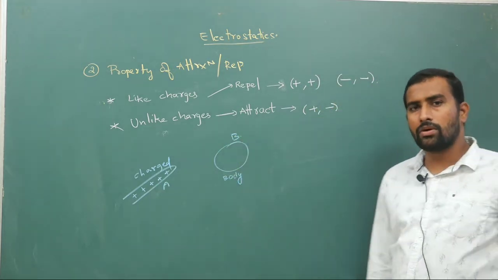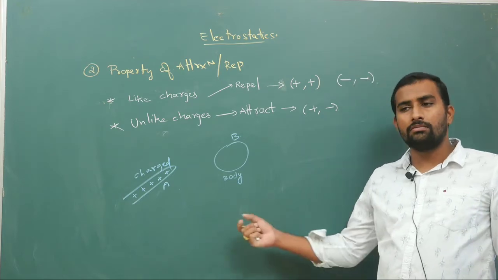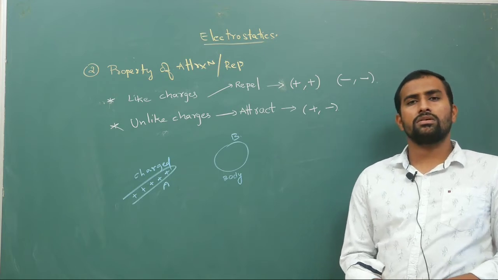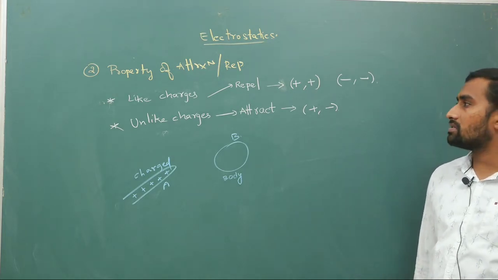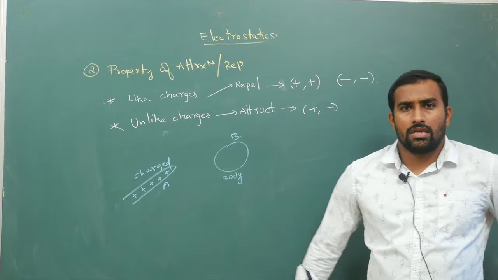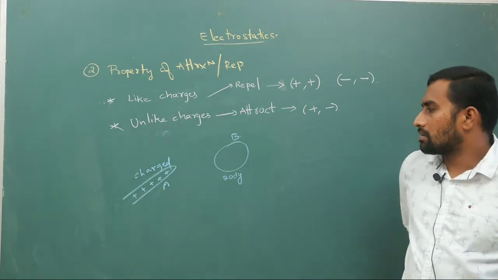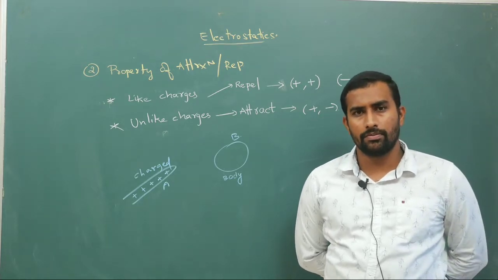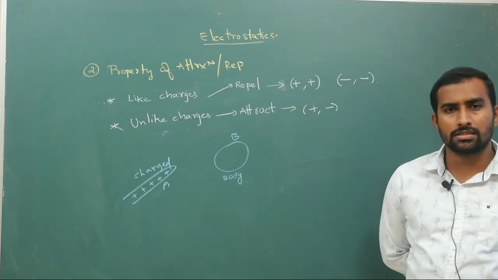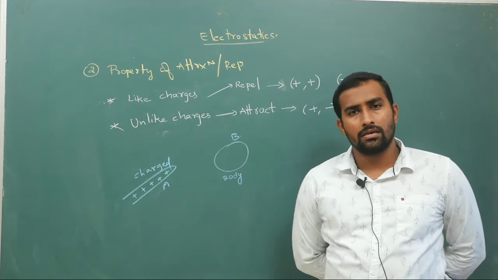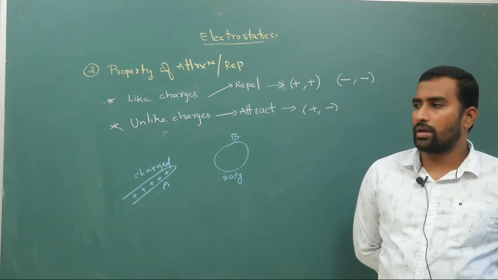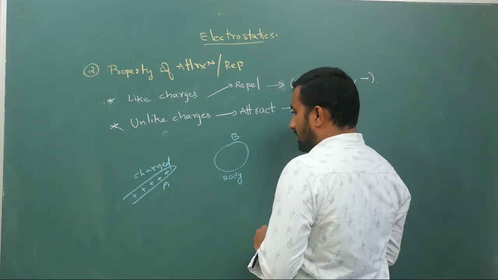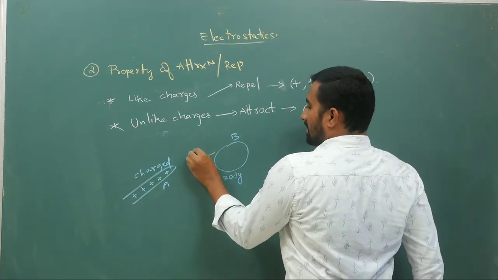Now I am asking you a question. Can you tell me whether body B is charged or not? What is your answer, and how will you justify it? Think and then give the answer. You have two bodies, body A and body B. Body A is charged. The observation is attraction.